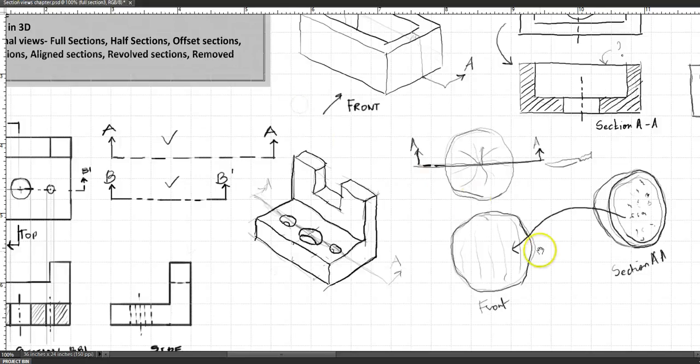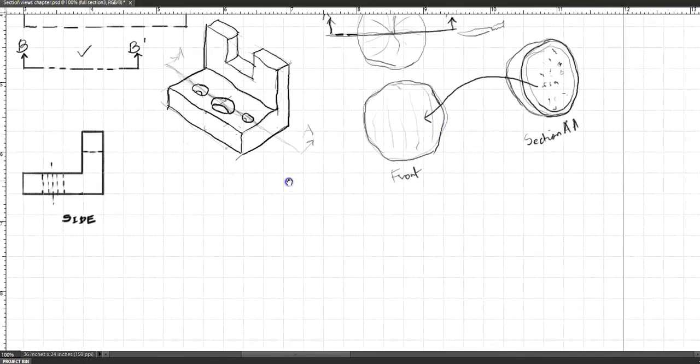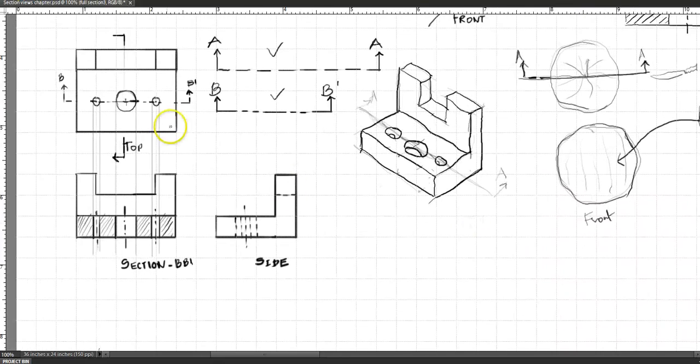Now let's see another example. When I'm cutting through here, I'm looking in this direction, because you see the arrow. So I'm seeing this, and this, which is this surface right here. 1, 2, and 3 is basically this surface.